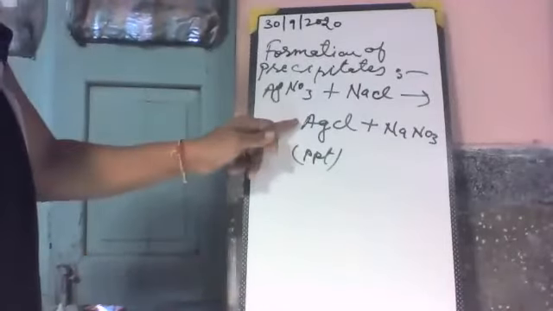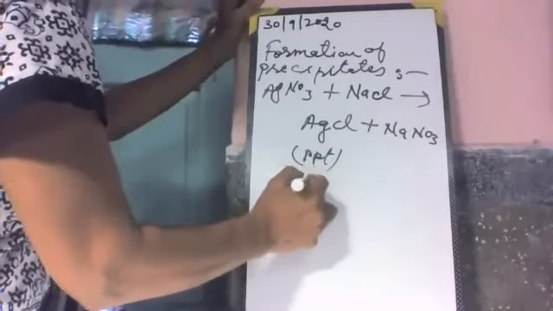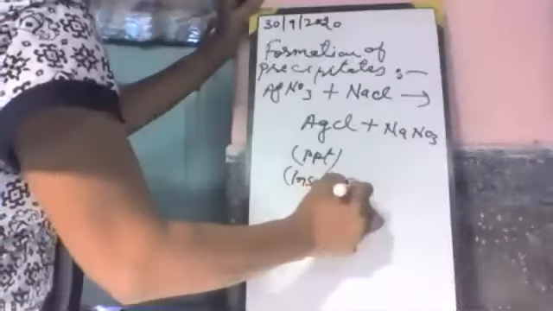Due to this silver chloride, some insoluble substance is formed, and it settles down at the bottom.